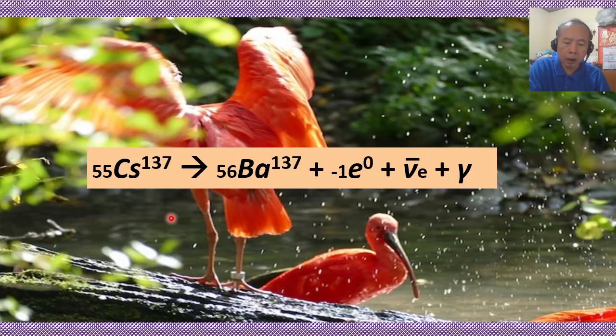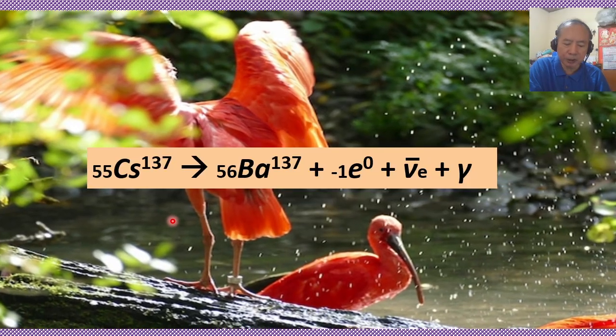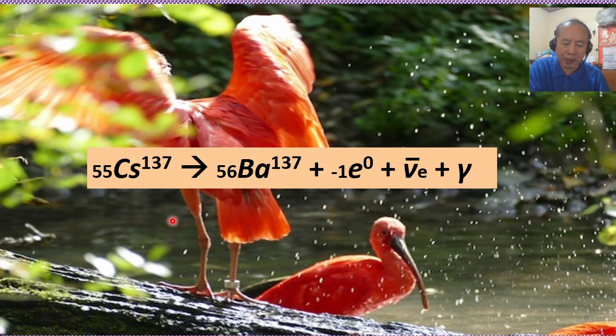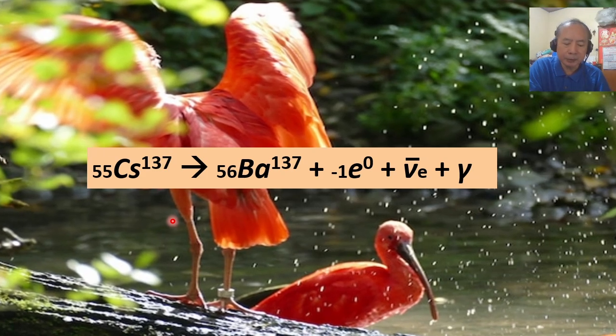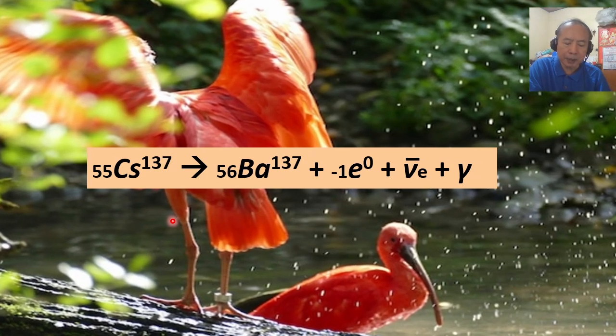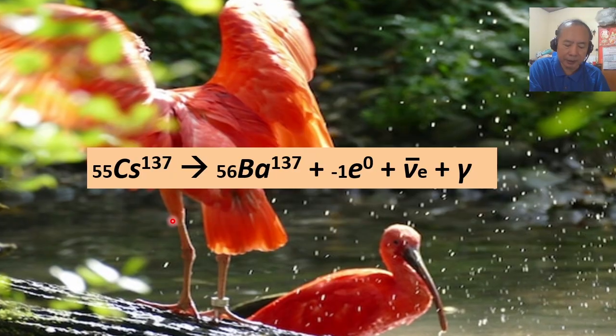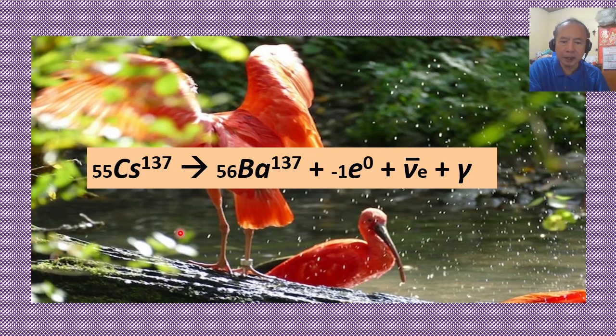The overall nuclear reaction equation for the radioactive decay of cesium-137 emitting beta minus particles and gamma rays is given here.